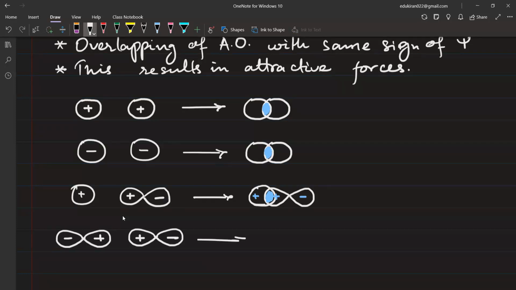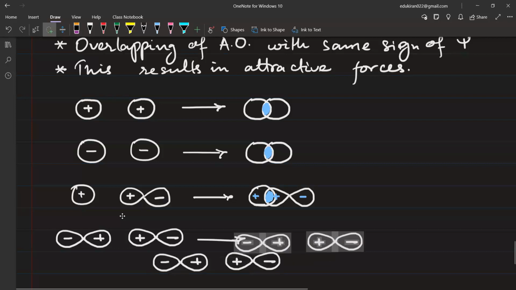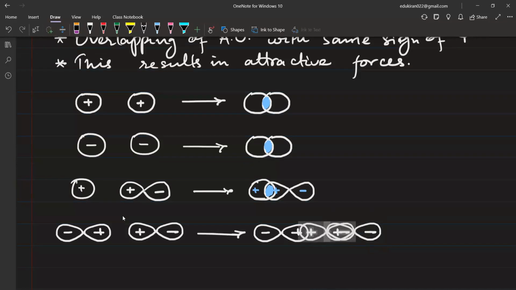The positive lobes are overlapping, so this will be positive overlap, right? Good overlap, and there will be electron density between these two lobes. Similarly, both of these can be negative also.